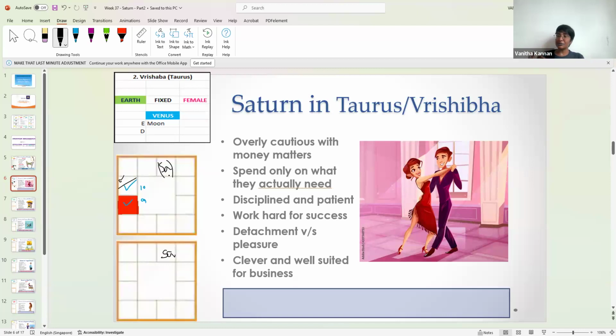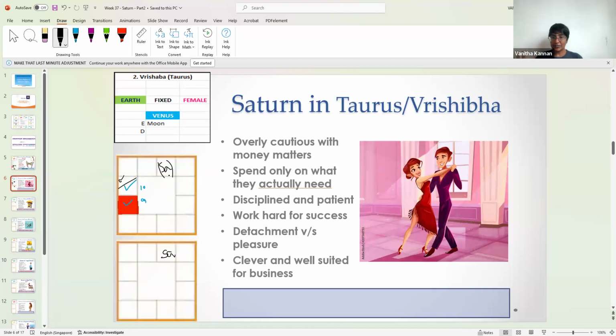But when the Shani dasha or Shani buddhi comes, this nature of Saturn will come into the picture very easily. You yourself and the people around you will detect that. They will say, last year you were not like that, why are you like this this year? You are very careful with your money. How is this possible? Because this tendency comes when the dasha or buddhi is in that period.